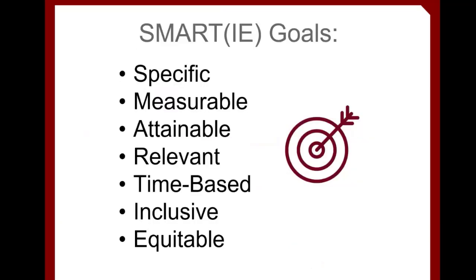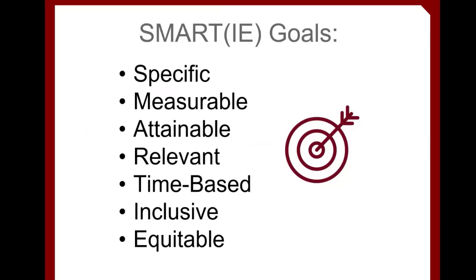So you hear all the time SMART goals. Are things specific, measurable, attainable, relevant, or realistic, or time-based? But we in the grant world like to say SMARTY goals, right? Not smart aleck, but SMARTY. And we're adding inclusive and equitable, right? So what is the specific goal that you're trying to accomplish?